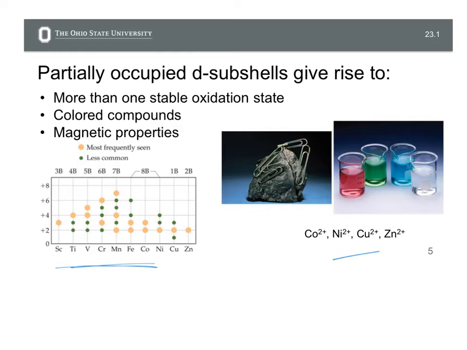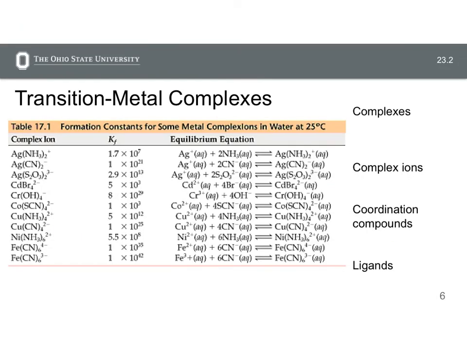We're going to have a demo Friday and on Monday that has some nice colored compounds. We're going to talk about what's happening with those and why those colors are forming. So we have seen a little bit of transition metals before. If you recall, we had our complex ion formation in chapter 17, where that increased the solubility of slightly soluble salts.